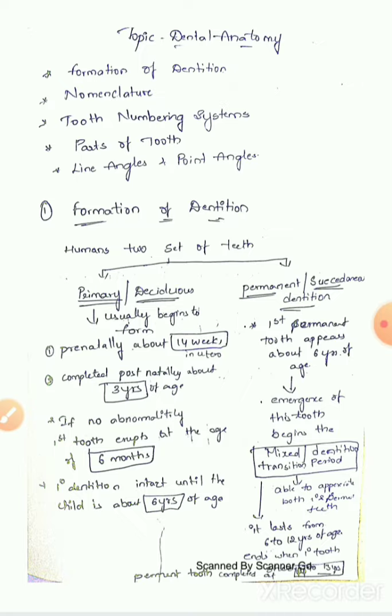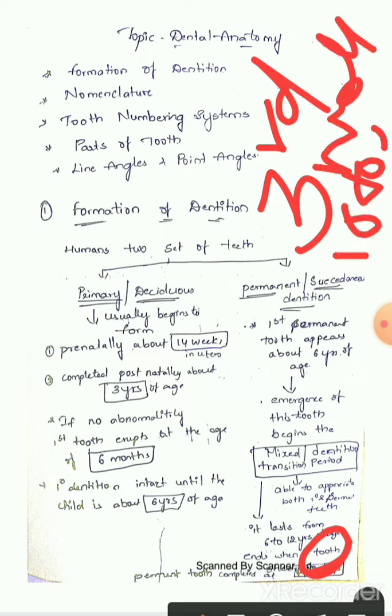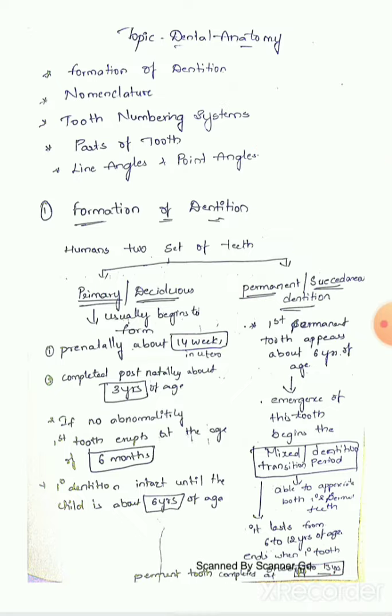Complete permanent dentition starts from 13 to 14 years of age. So this is basically how the tooth is formed and how it progresses, until we have third molars, which usually erupt at 18 to 22 years of age. Complete permanent dentition usually completes at 18 to 22, but sometimes after 24 or 25 the third molar erupts.